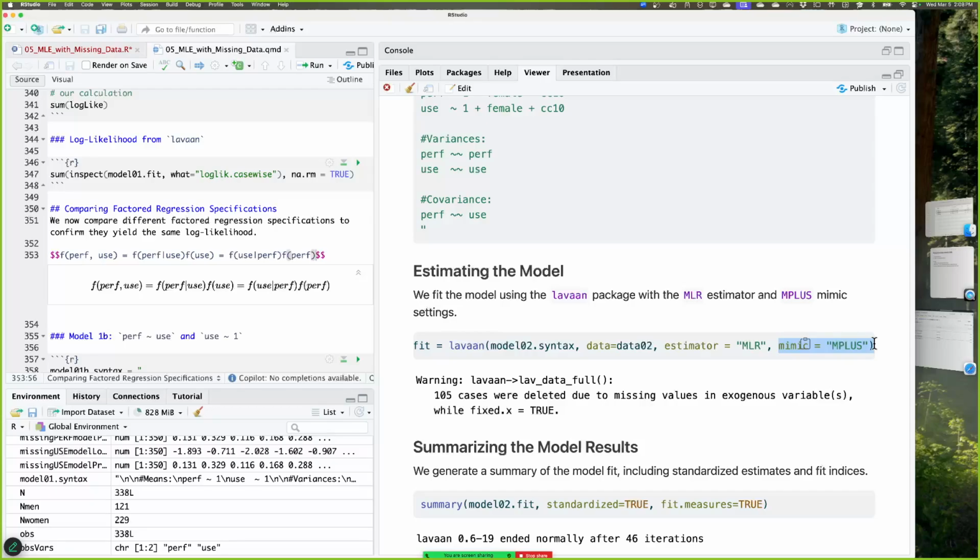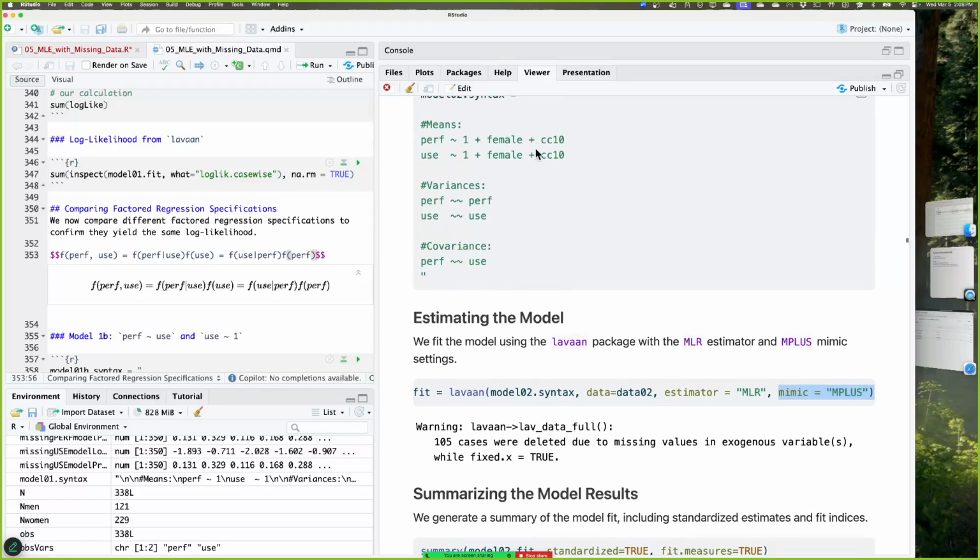So we've turned off the ability for this algorithm to enter female and CC10 into the likelihood. So it's not putting exogenous variables in the likelihood. I'm going to show you what happens when we do. Don't worry about that, but I wanted to talk about that for a second.